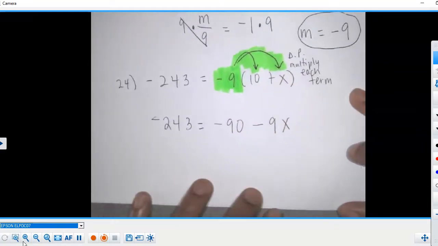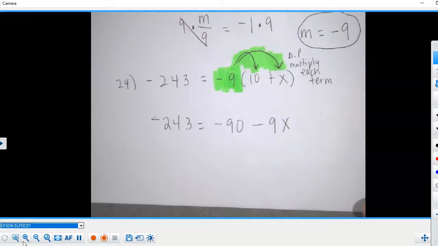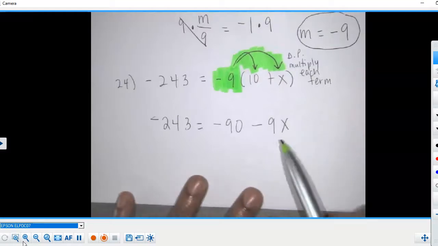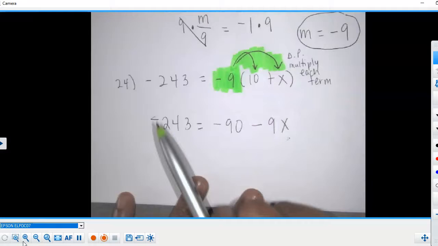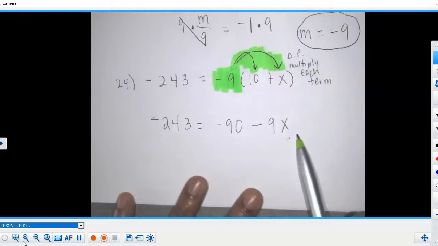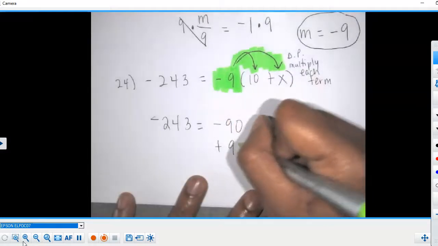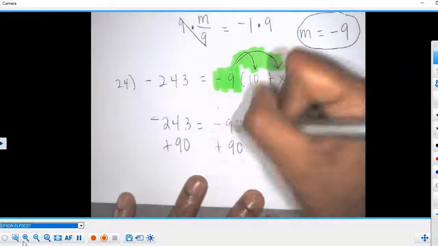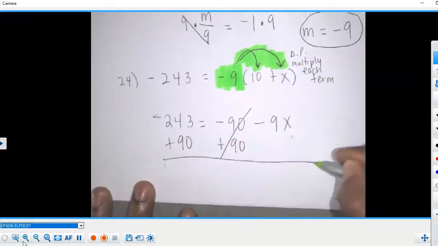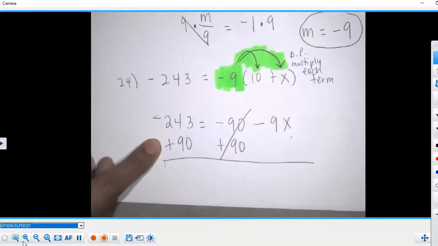Okay, and now we ask ourselves, we're back into two-step, you see? So in this case, remember the x is already on the right side. You don't have to move him to the left side because he's the only one over here, so leave him alone. Move that 90 to the left. So we're adding 90 to both sides. And again, I know that I'm going to subtract and keep the sign of the bigger number.